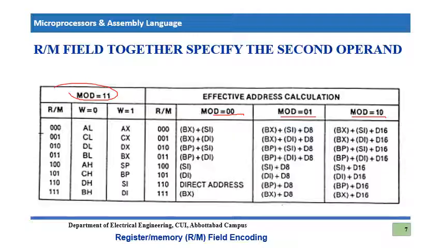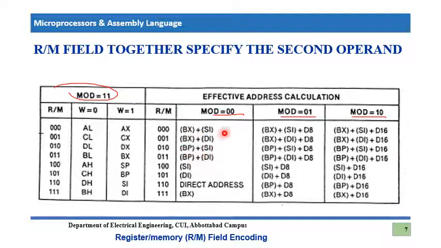Before we proceed further, we can simply say that in mode 00, when there is no displacement, we may point to our memory with base plus index, and that index can be SI. So remember, base plus SI, base plus DI, that is base pointer plus SI, base plus destination index.